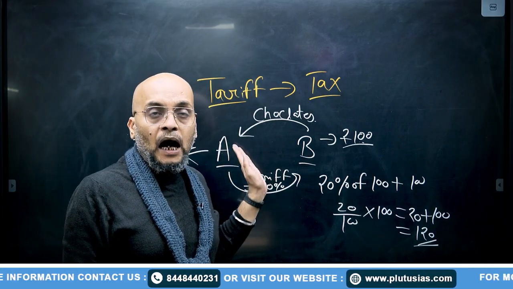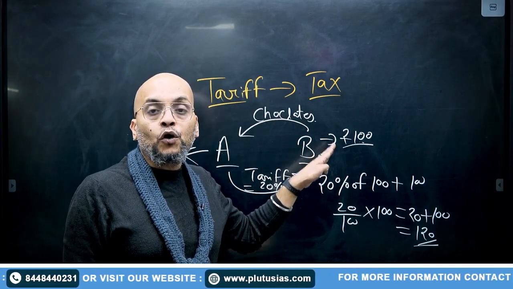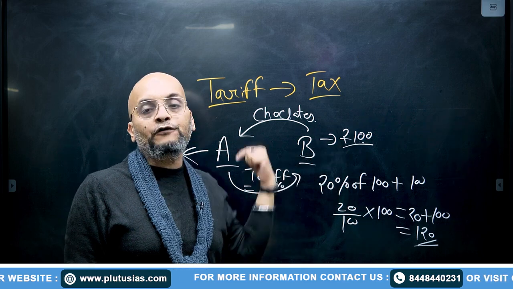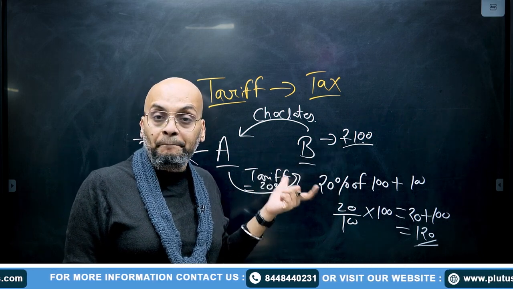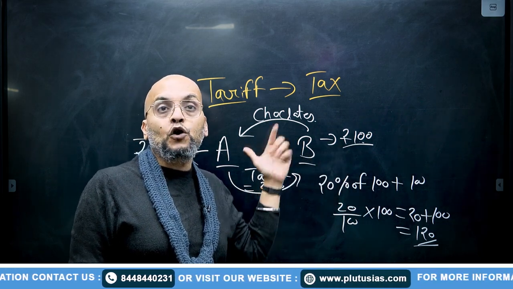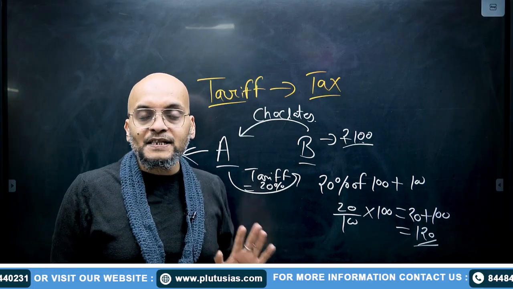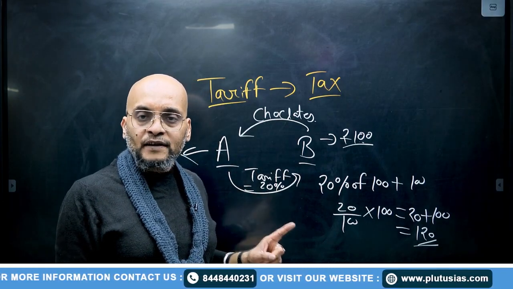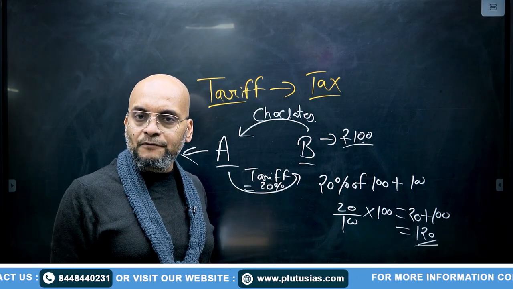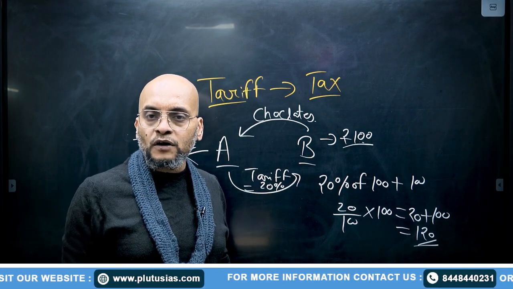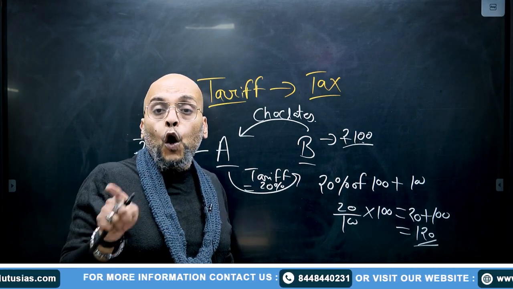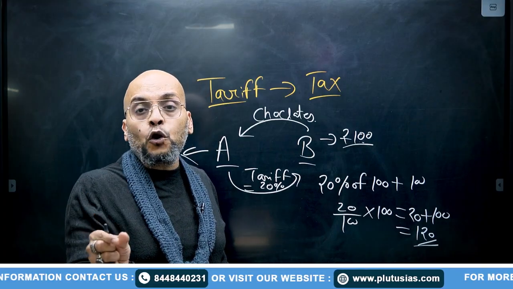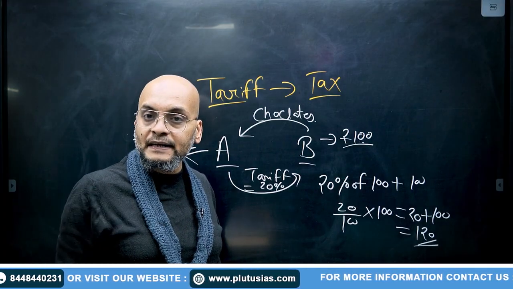When country A applied tariff on the chocolates that were imported from country B, what actually happened? These chocolates became costlier, they became expensive. Now, the citizens of country A, for them, this chocolate is expensive. They will not purchase this chocolate. Rather, they will opt to purchase the chocolates produced domestically in their country.